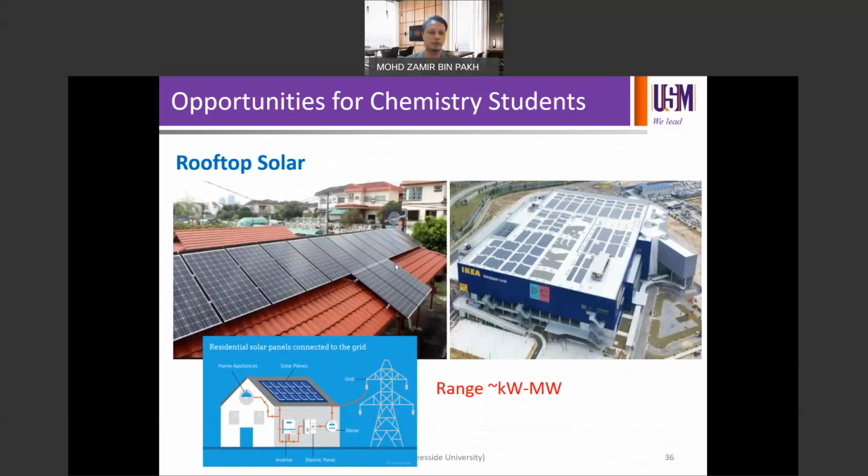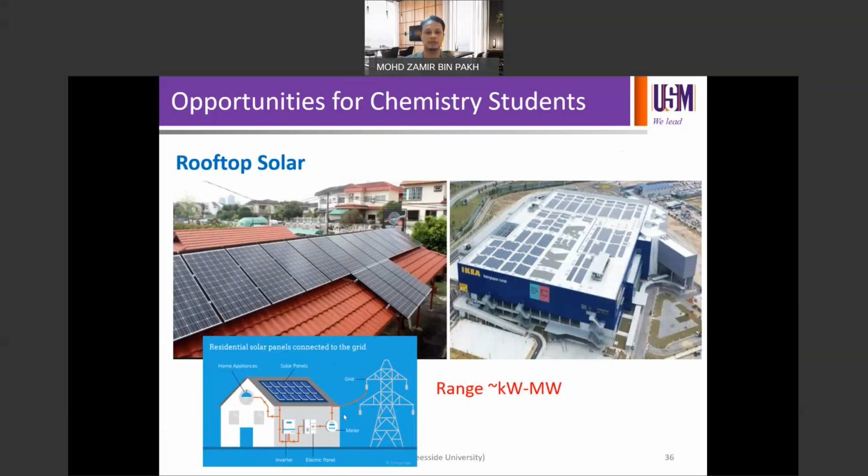Another opportunity would be rooftop solar, where you can use the space on the roof to harvest the sunlight. This is an example on a residential and a commercial building. The commercial one is IKEA here, in Malaysia. The range is typically from kilowatt to megawatt, depending on the space that we have for the installation.